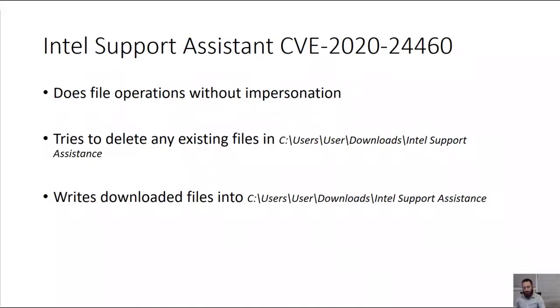Also, it tries to write the updated versions into the very same directory. As an unprivileged user, we can ask the service to scan our machine for new versions and download them. This will cause the service to do a cleanup of its directory inside the downloads directory. So we can place a mount point and a symlink on a file and it will be reparsed to any file, granting us arbitrary delete.